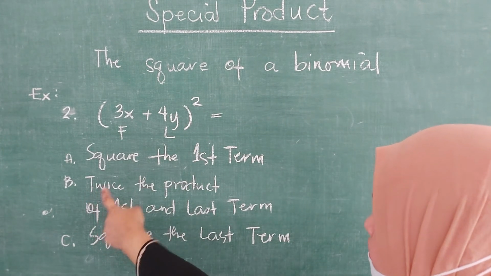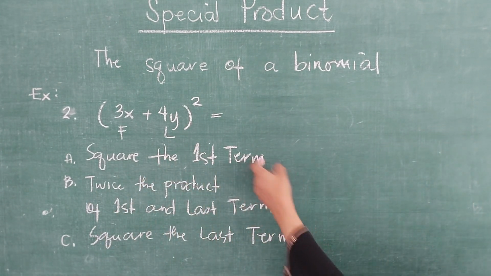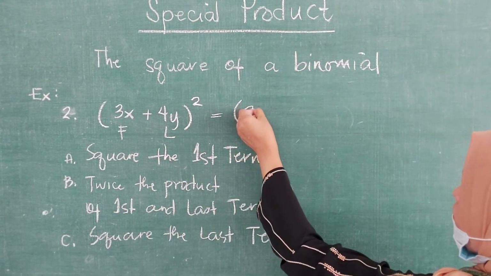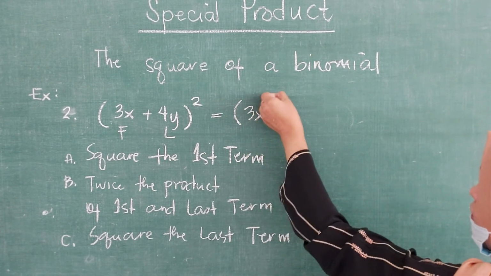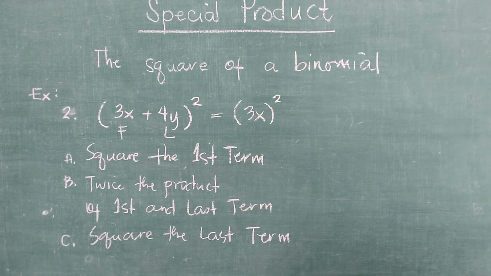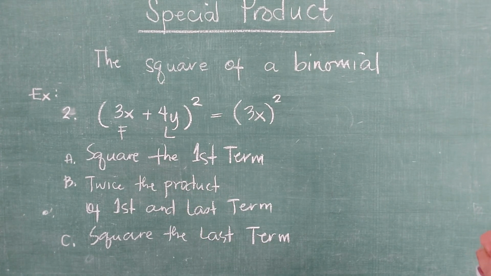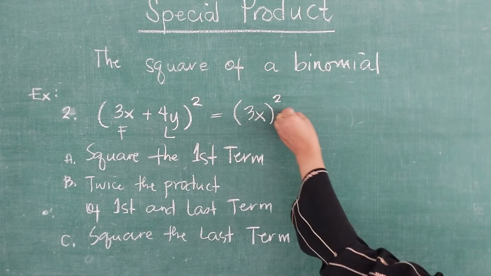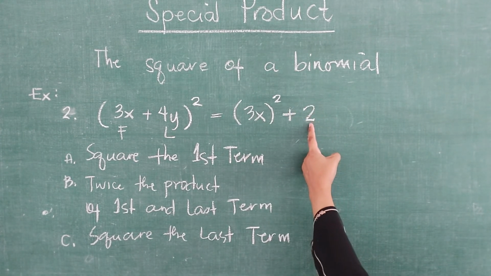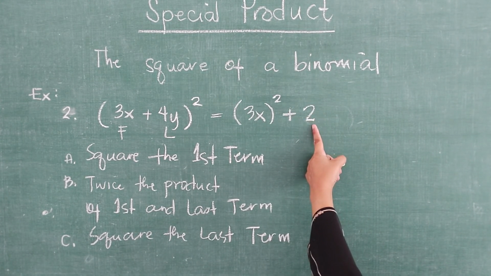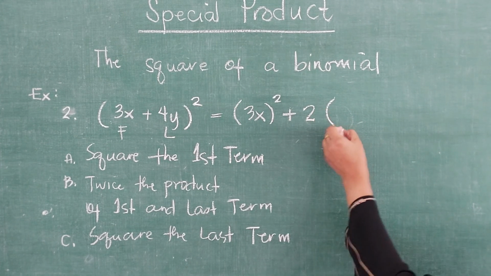So, step 1, square the first term. Second step, twice the product of the first and the last term. Twice, ibig sabihin, times 2, twice the product of first term.